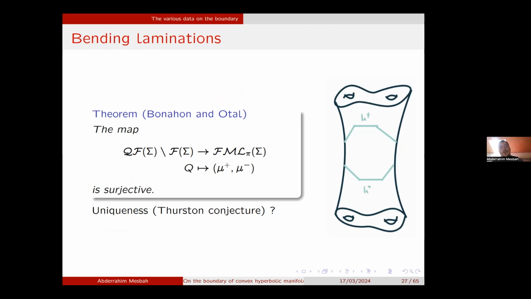Thurston made another conjecture saying that if I take two measured geodesic laminations on sigma with some conditions, then I can find a unique quasi-Fuchsian manifold that realizes the two laminations as bending laminations. We have a partial answer by Bonahon and Otal, who characterized exactly which sets of measured laminations can be realized as bending laminations.